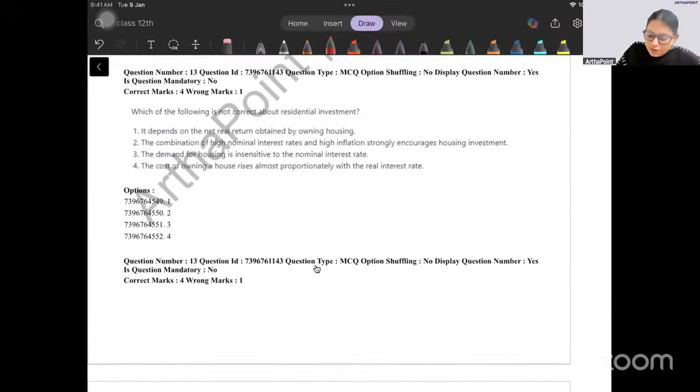Which of the following is not correct about residential investment?